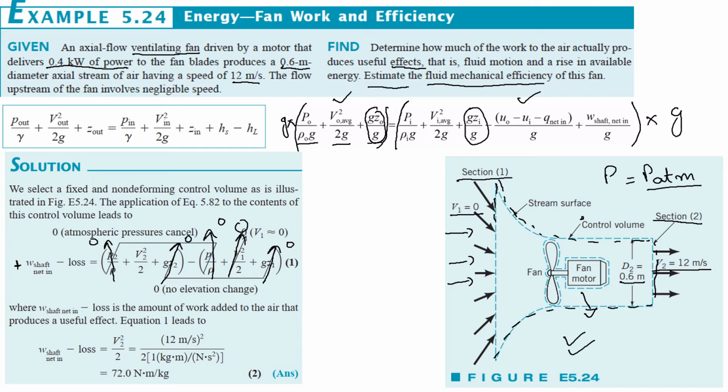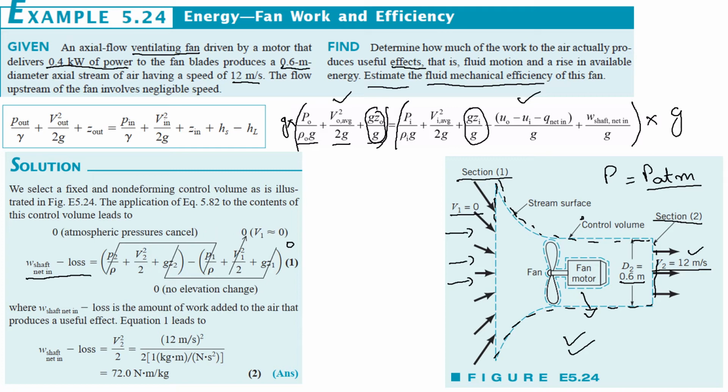So what we are left with is this term, that is V2 square by 2. We know the velocity at the exit, so we can find this term, that is the work done by the shaft on the fluid including the losses. This is the actual work that is being done on the fluid in this particular case.